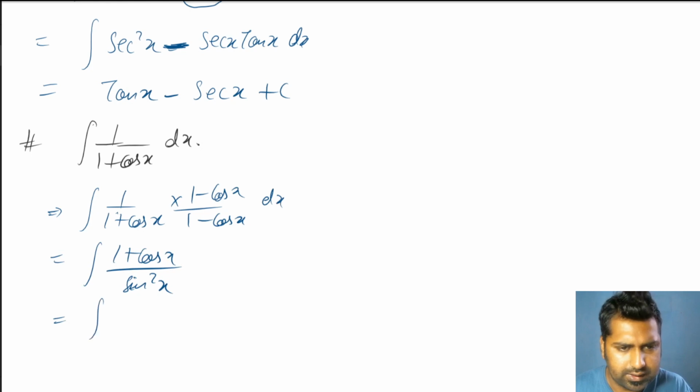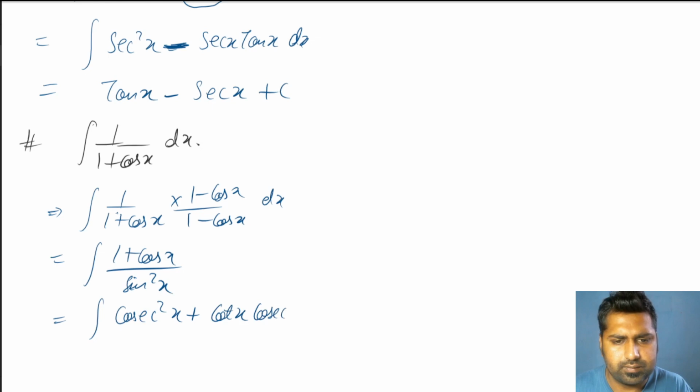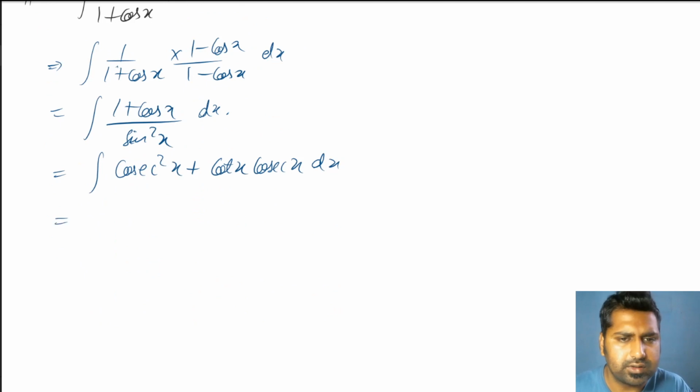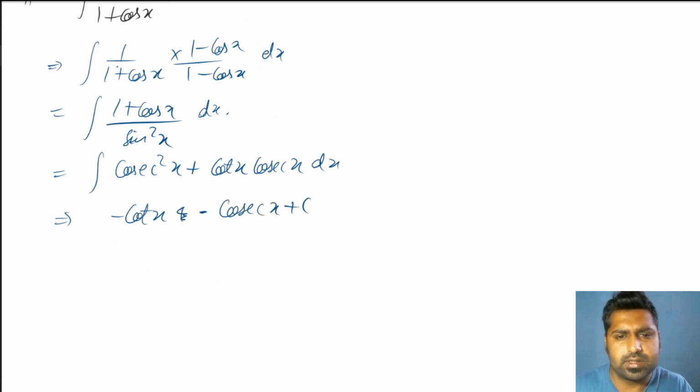Split it, so you'll get integration 1 by sine square, cosec square x, minus cos by sine square. So cos by sine is cot x, cosec x dx. So same idea as the above, same way you have to split. So integration of cosec square is minus cot x, and this one integration is plus cosec x plus c. That's the answer.